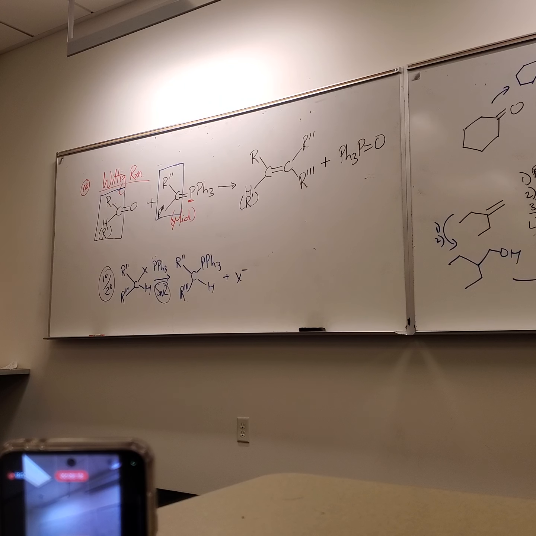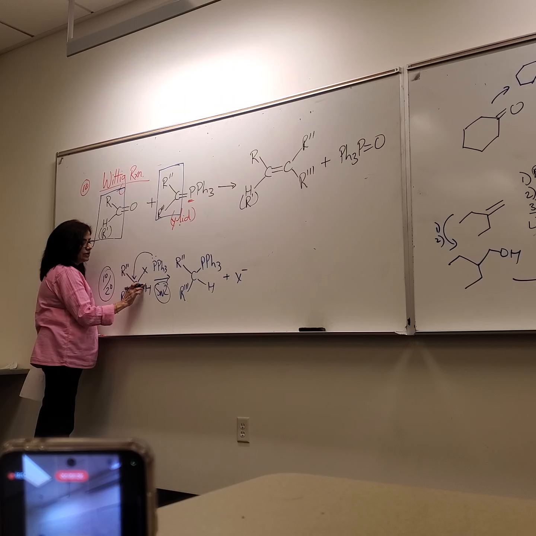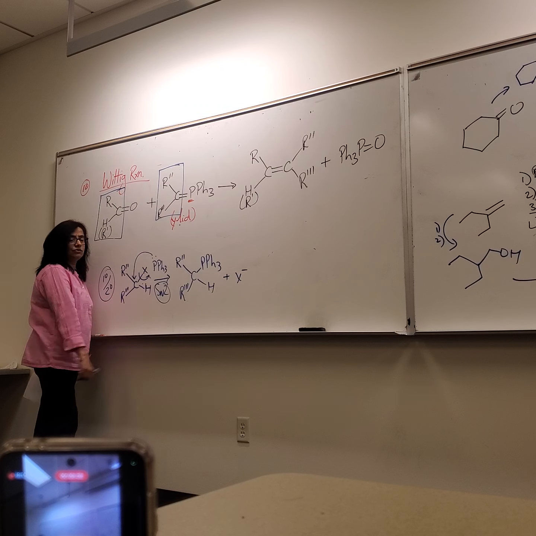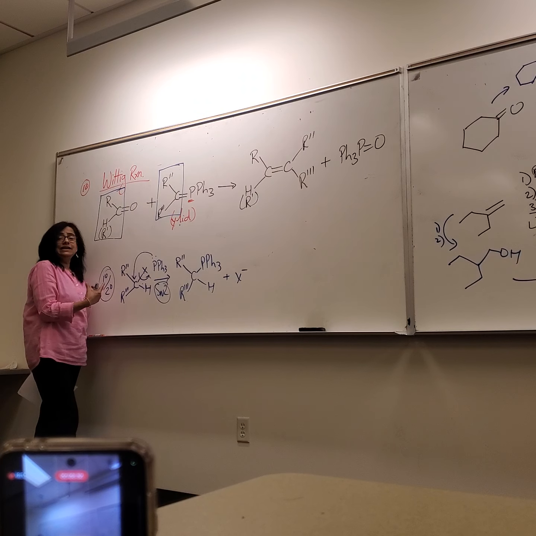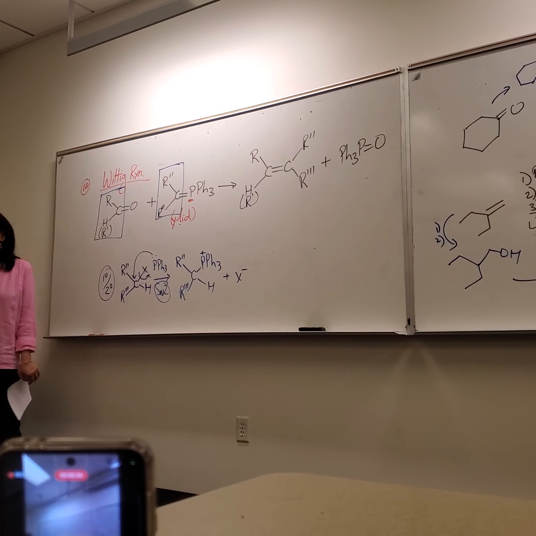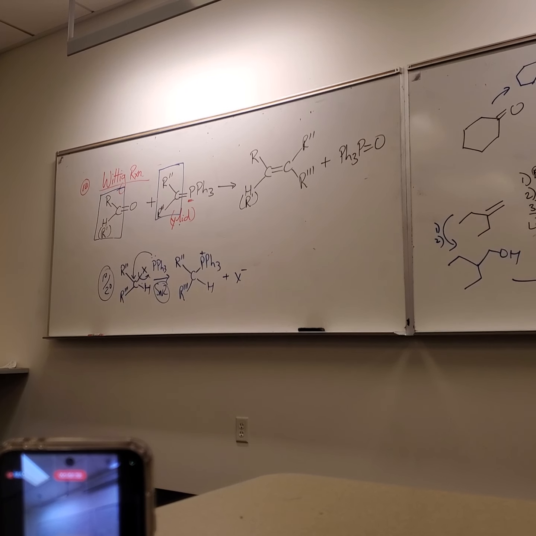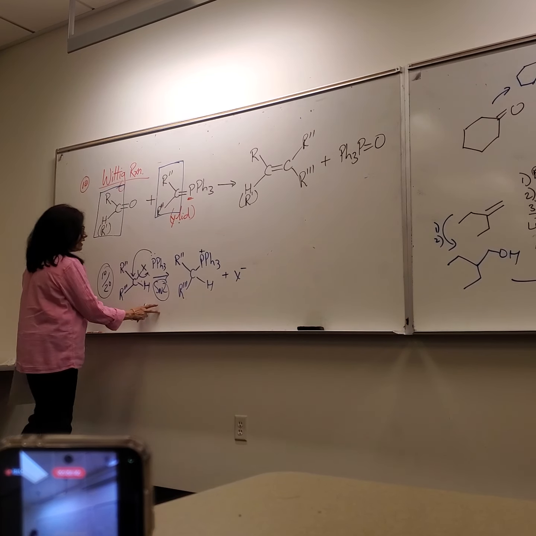The phosphorus. What charge? A positive. The phosphorus gave electrons and kicked out the leaving group. Did it get any electrons? It gave electrons. Positive. Exactly. You gotta keep track of your charges. Everybody okay? That's the first step.